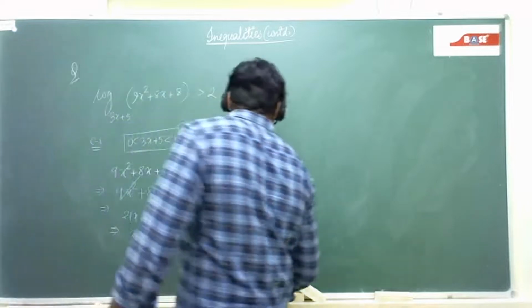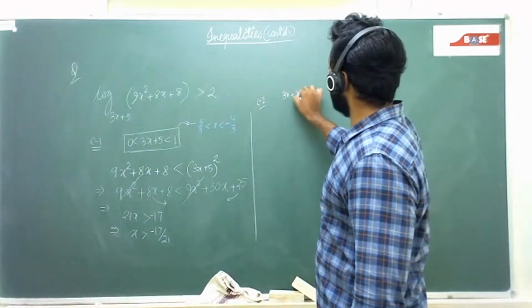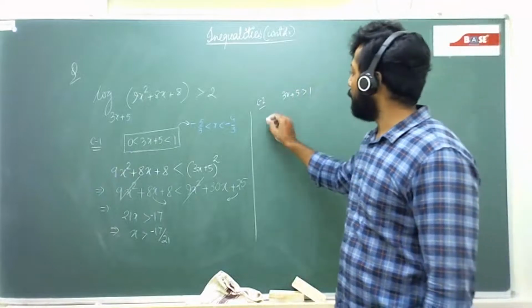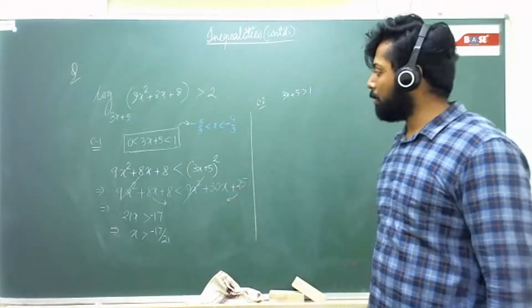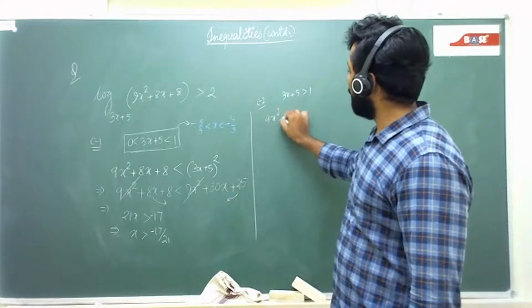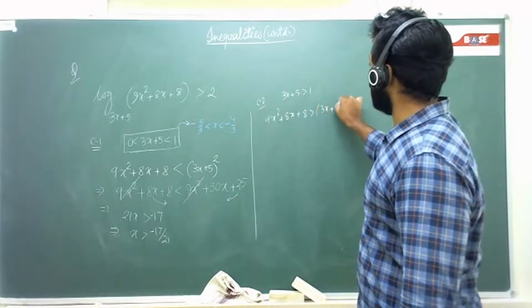Second case, where 3x plus 5 is more than 1. So when 3x plus 5 is more than 1, we'll get the same calculation here with the other sign. That means we'll be having 9x square plus 8x plus 8 more than 3x plus 5 whole square.